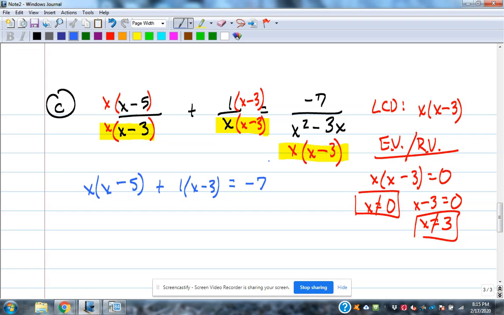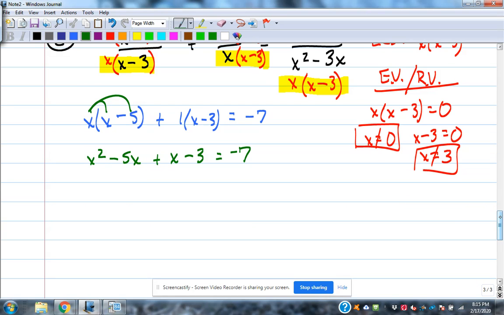So this looks like it might be a little easier. So distribute: x times x is x squared, minus 5x, plus 1x, minus 3 equals negative 7. This one has an x squared in it. That's important. So I'm going to combine like terms.